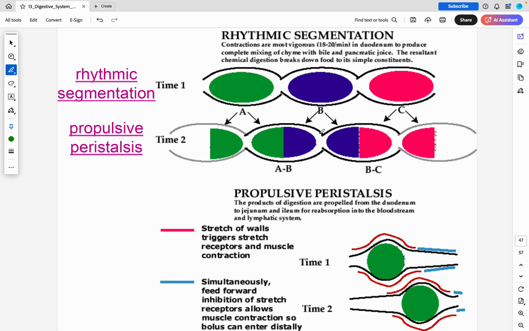Propulsive peristalsis works section by section, unlike rhythmic segmentation, where the entire bolus of chyme is mixed well with the pancreatic juice and the bile in order to maximize chemical breakdown.